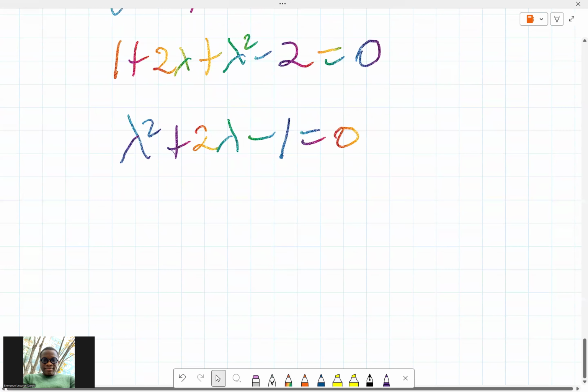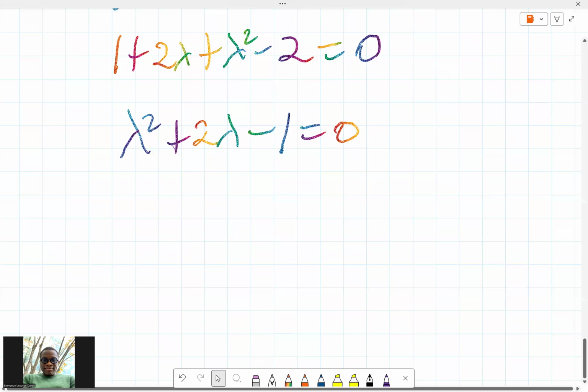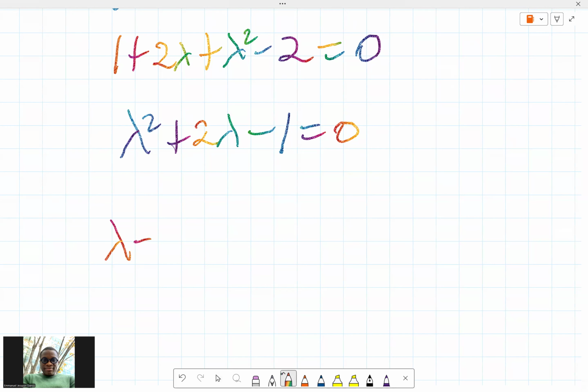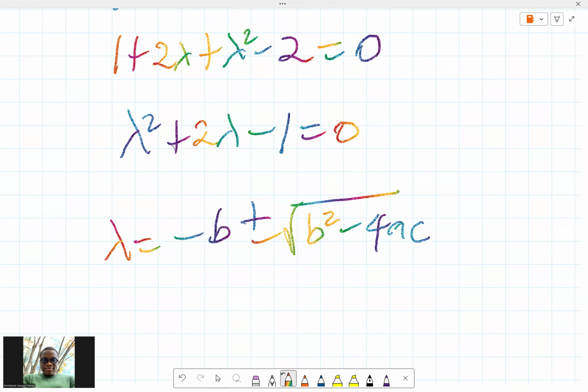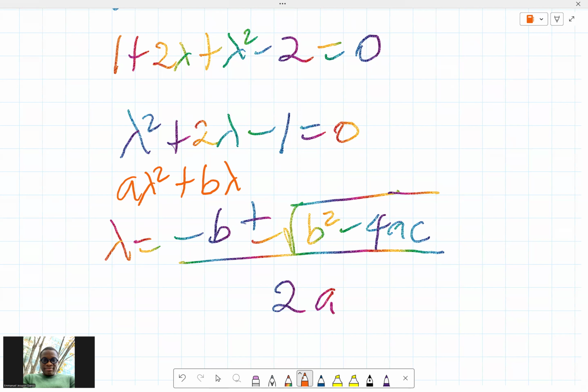If we use the so-called almighty formula, that is the quadratic formula, you know that lambda is going to be minus b plus or minus the square root of b squared minus 4ac, divided by 2a. That's what you're comparing with a lambda squared plus b lambda plus c equals 0.